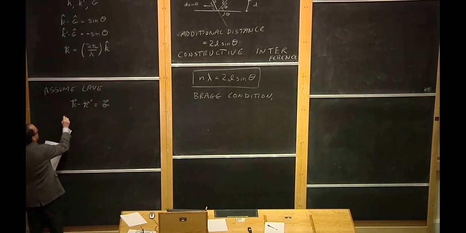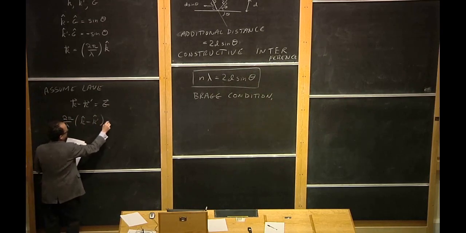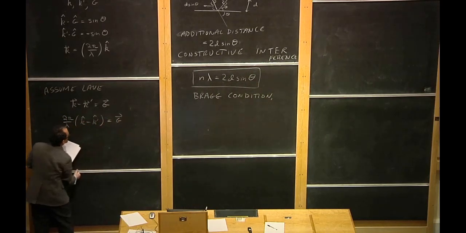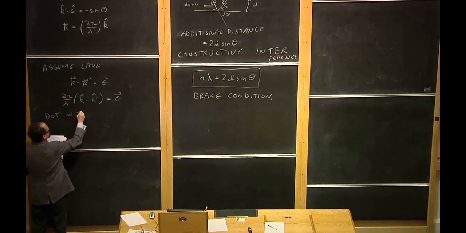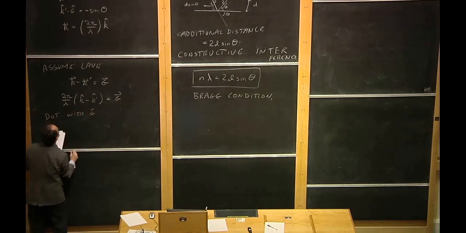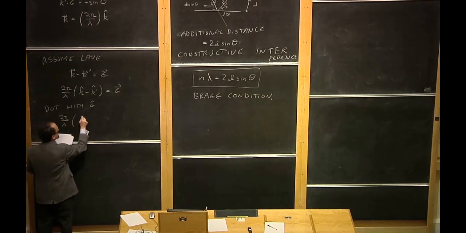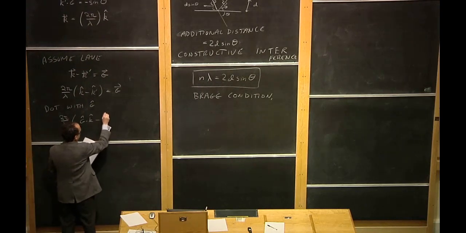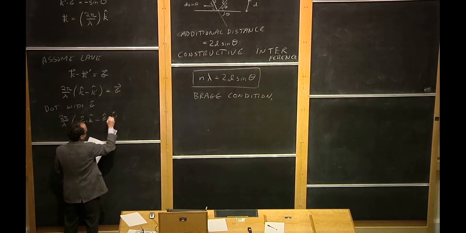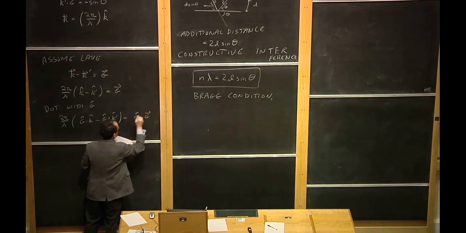And I can rewrite that then as 2 pi over lambda times k hat minus k prime hat equals G. Then dot with g hat to get 2 pi over lambda, g hat dot k hat minus g hat dot k prime hat, equals g hat dot G vector.